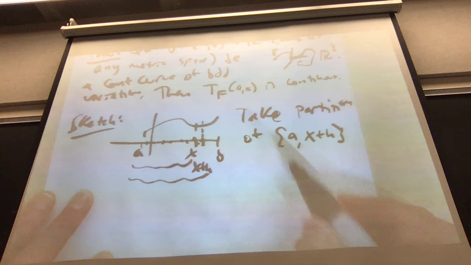Main theorem of this section that we're headed towards: if f is a function from [a, b] to R of bounded variation, then f prime exists almost everywhere, Lebesgue almost everywhere.